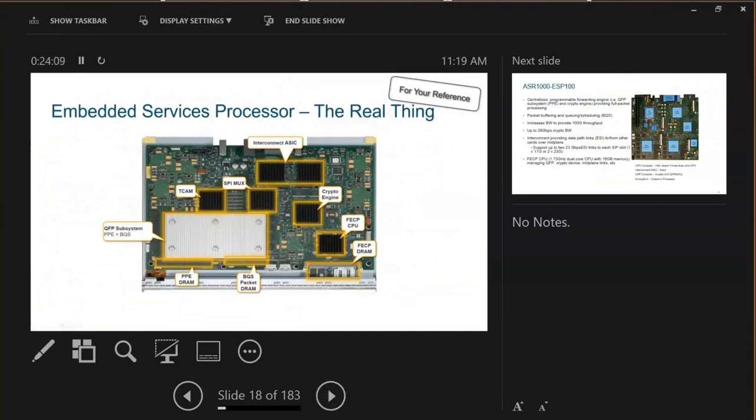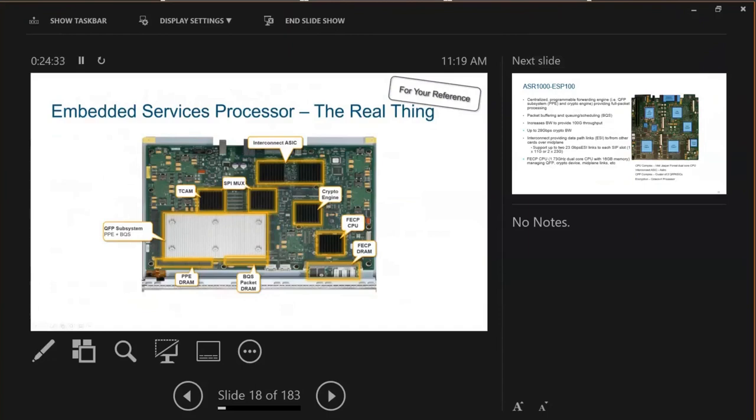So this is the actual ESP module. If you see here, this is the interconnect. Once you put this module into the chassis, links will connect to this interconnect ASIC. The chassis links will have the links to other modules, where the communication happens between the ESP and the other modules.